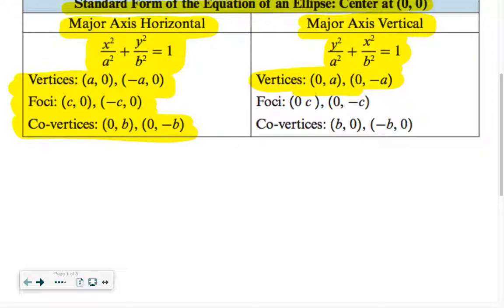There it is for the vertices, the foci, and the co-vertices. I'll give you a minute to go ahead and finish copying the chart.